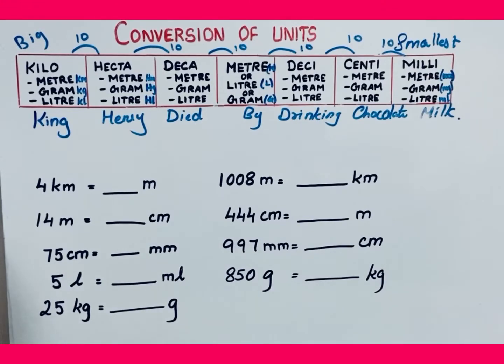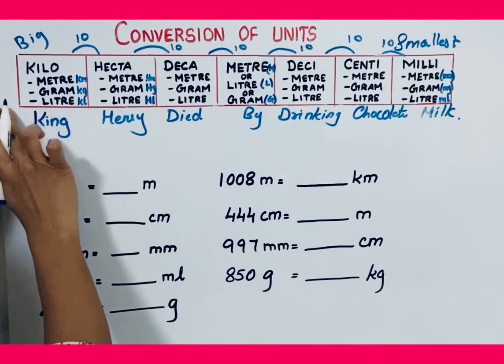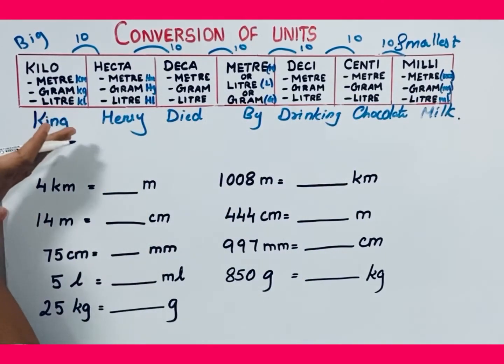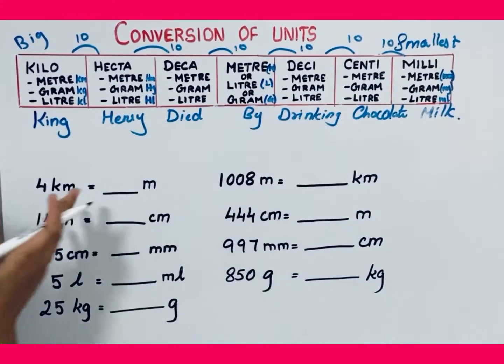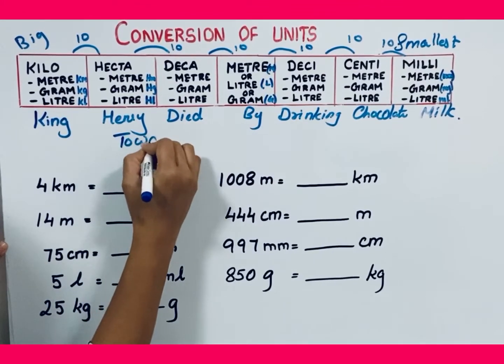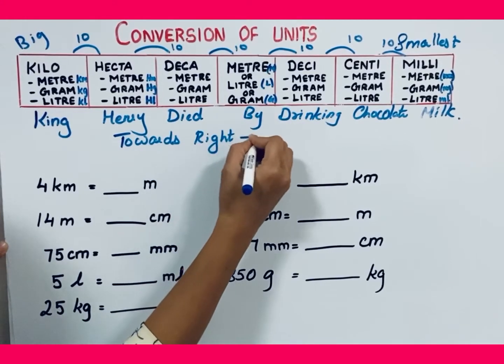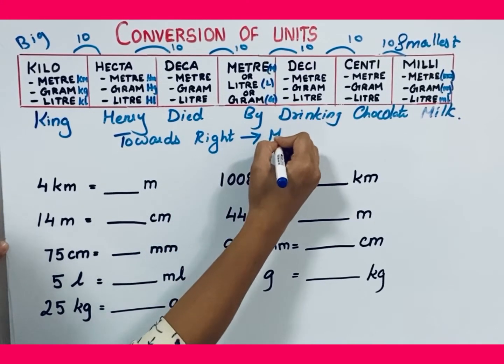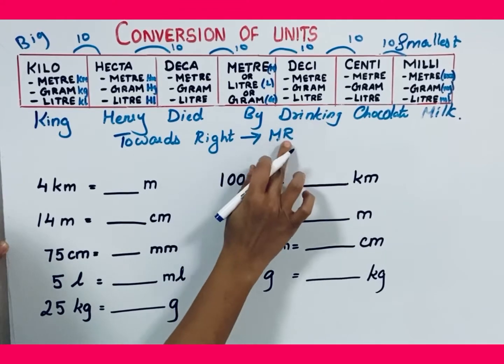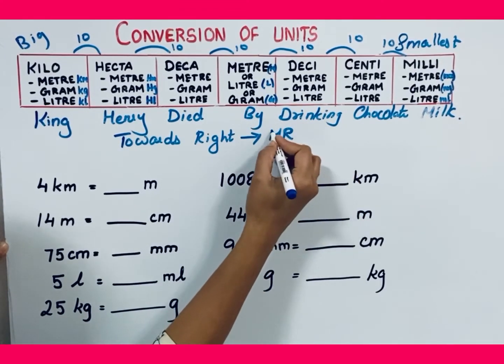And now let's see the conversion. Before starting the conversion, if you need to convert from big to small, that is if you are moving towards right, then you need to do multiplication. R for right, you need to do multiplication.